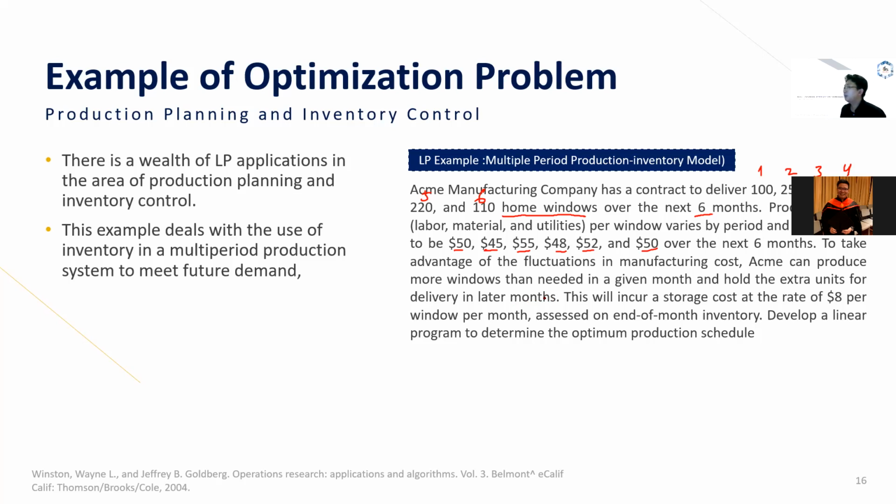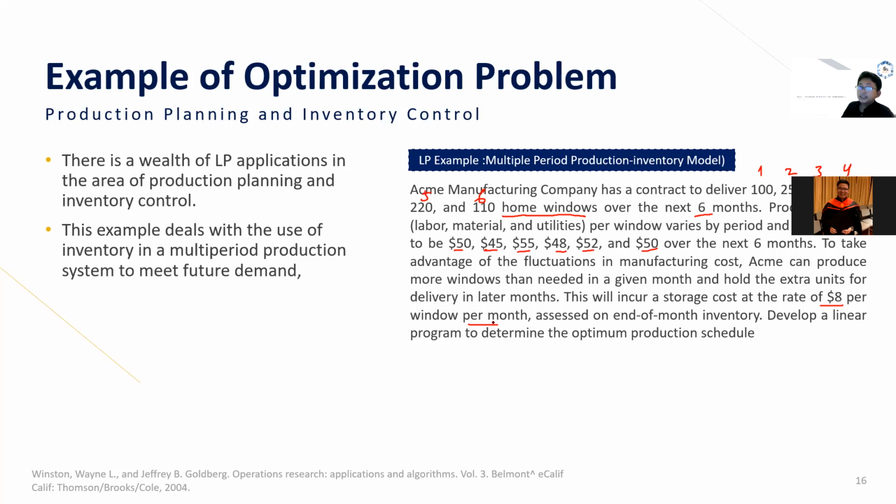This will incur storage costs. The storage cost is $8 per Window per month, and it is assessed at the end of every month's inventory.